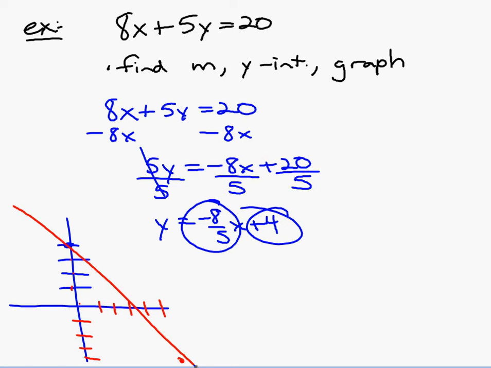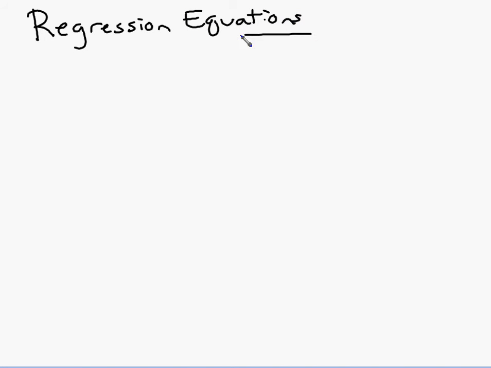Okay? Now, the next thing that we're going to cover, and we may run out of time, is dealing with scatter plots and regression equations. We did these last year in pre-calculus, and you still need to know how to do them. What I really want to do is give you some steps here first.